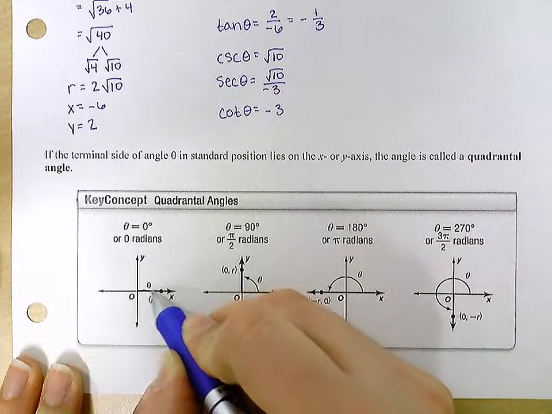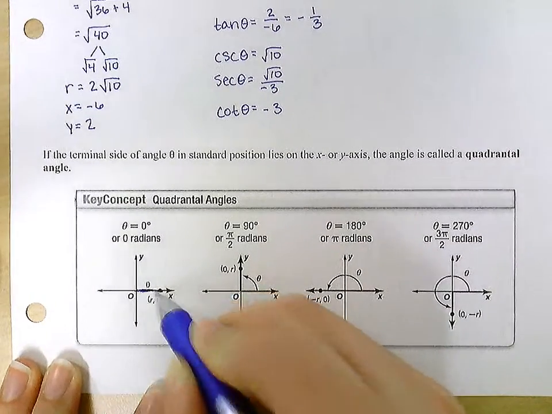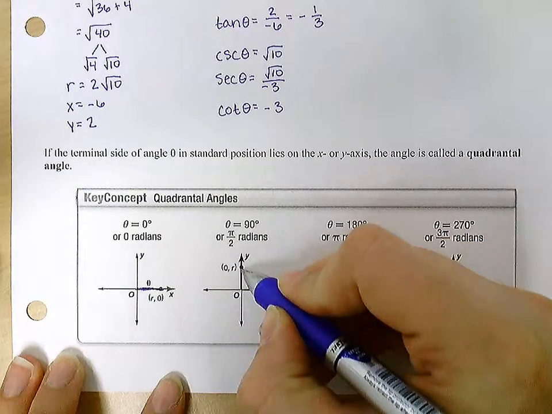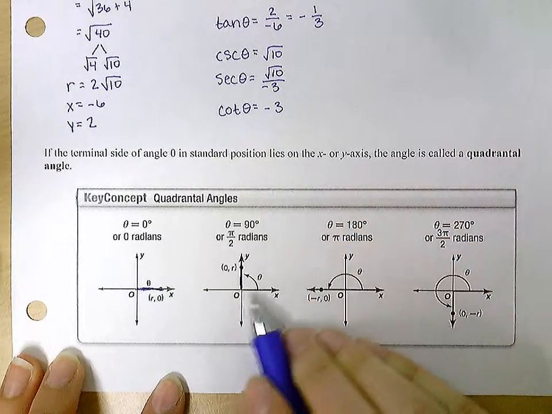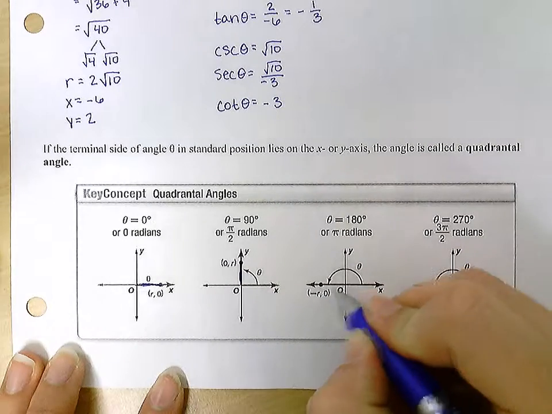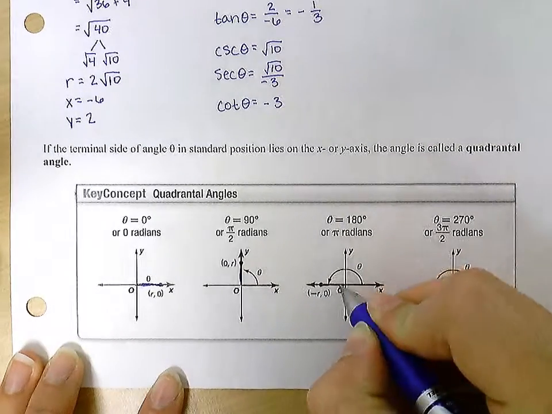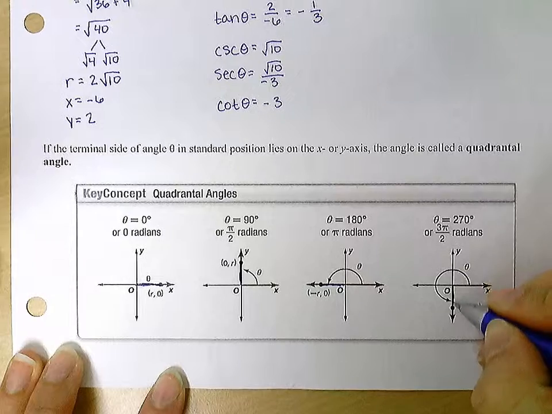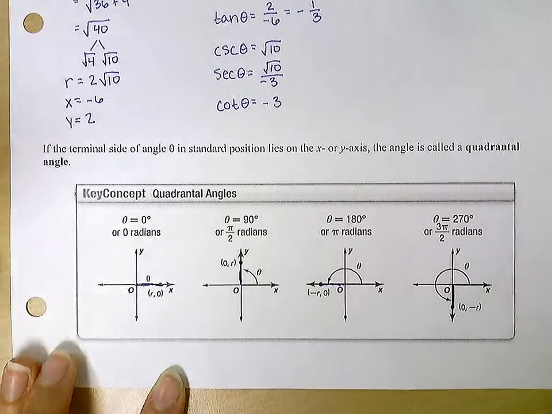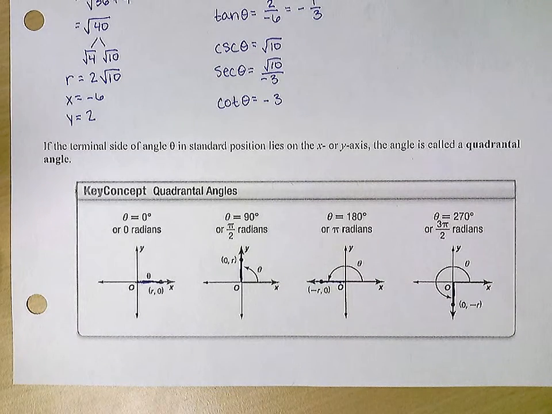So that's when your angle lies on the x-axis here, the y-axis here for 90 degrees, 180, again back to the x-axis over here, and then 270 is the y-axis down here. Okay, so that's when your angle lies on an axis.